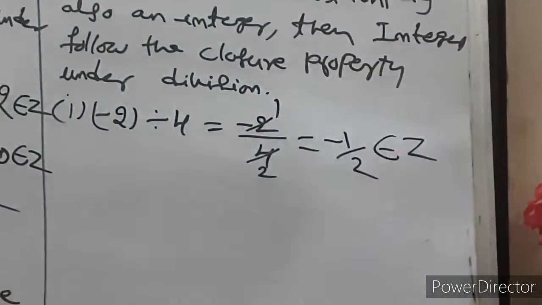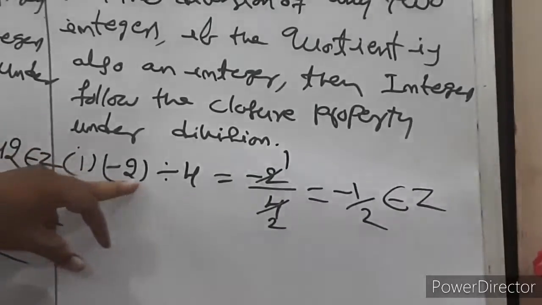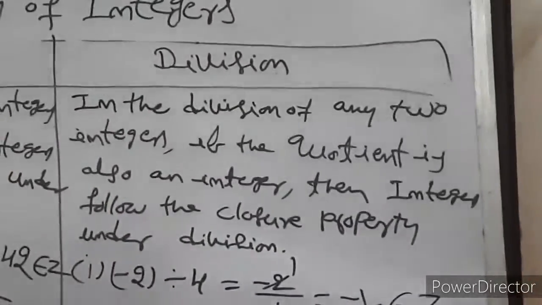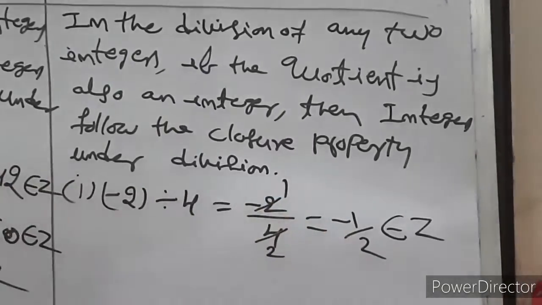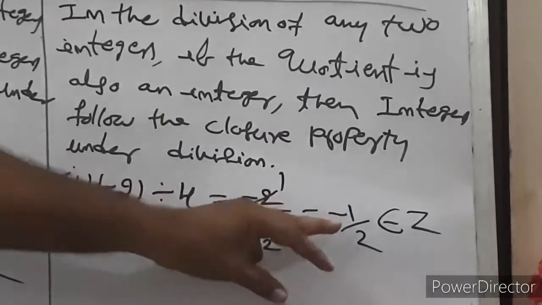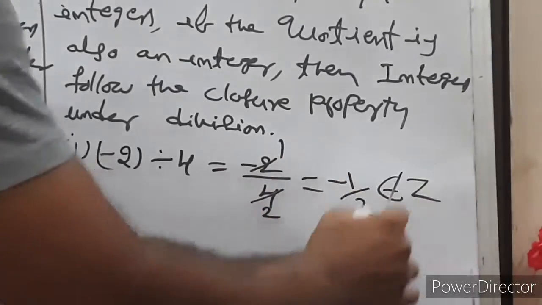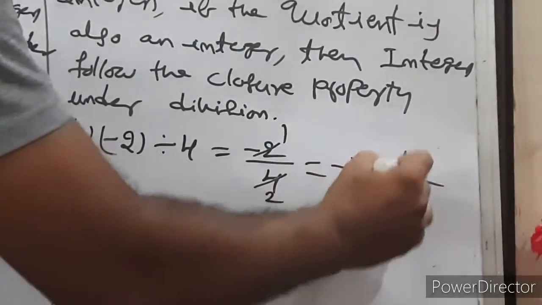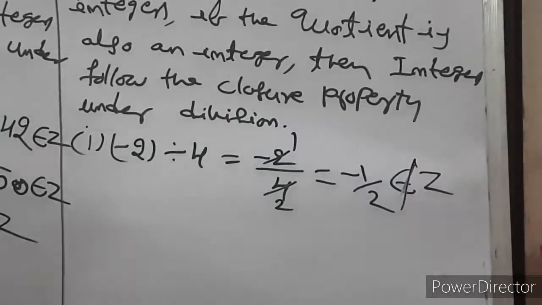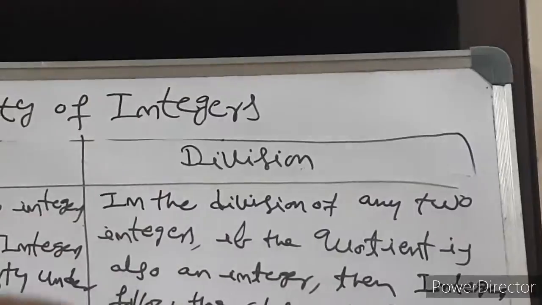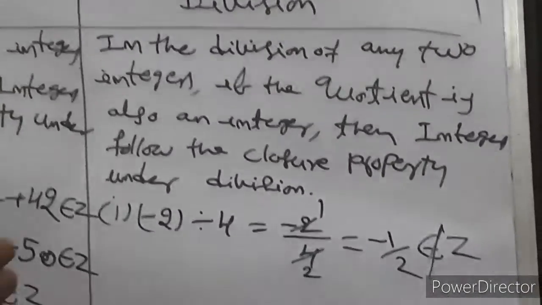That means minus 2 and 4 are two integers. In their division, the quotient is minus 1 by 2. But minus 1 by 2 is not an integer. That's why integers do not follow the closure property under division.